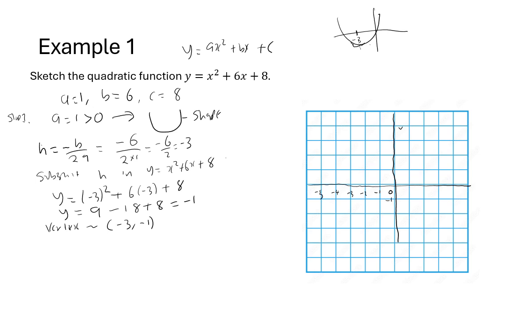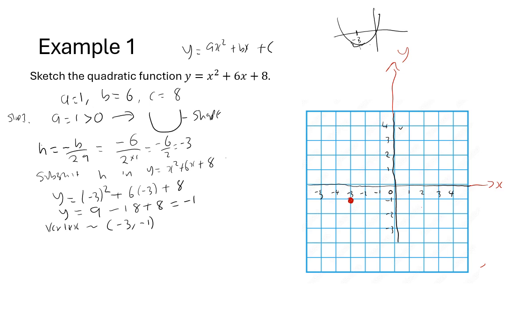Maybe this is minus 1, minus 2, minus 3, and 1, 2, 3, 4. So we have a U-shape and our vertex is at minus 3 and minus 1, so it's somewhere here. X is minus 3, y is minus 1, and we'll have a U-shape.